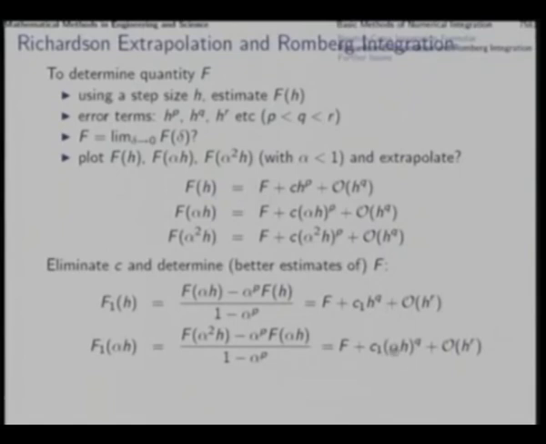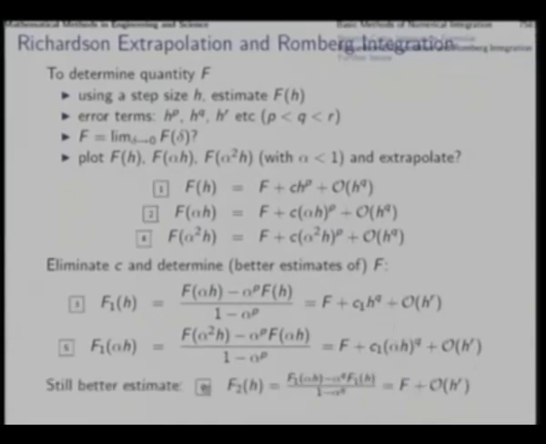Here again you can see that if we subtract alpha to the power q times this from the lower one, then yet another better estimate we will get, in which the q order error term also will get cancelled, and that we get like this, that is an even better estimate. So now between 1 and 2 we get this estimate, between 2 and 3 we get this estimate, and then between 3 and 5 we get yet another estimate which is even better.